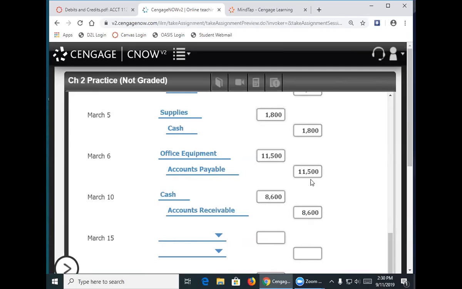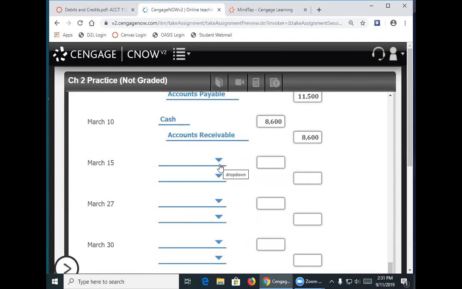Let's see. 15th, paid creditor on account, 3,180. What two accounts are being affected there? Accounts payable, good. Cash, perfect. So accounts payable is being debited or credited?